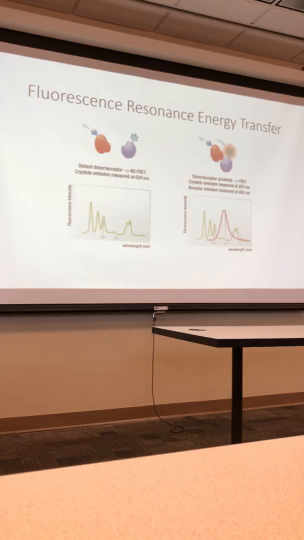Okay, another method. These are all in vitro, that I've been talking about. We have to break open the cell and then test it outside the cell. Yeast was really the only one that was in vivo. Another one is FRET, fluorescence resonance energy transfer. You'll hear this being called FRET.